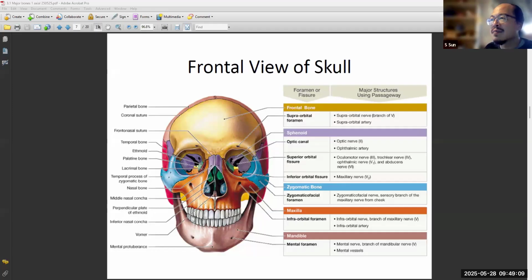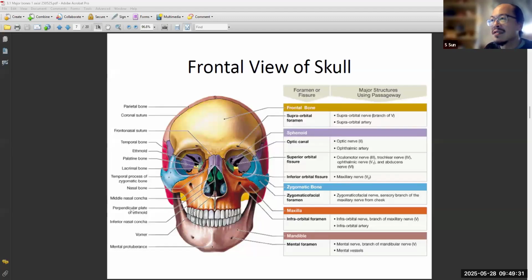This is a structure of the ethmoid. So our ethmoid is very much in the middle, or central, of our skull right here. You look at this green thing. This green is an ethmoid.